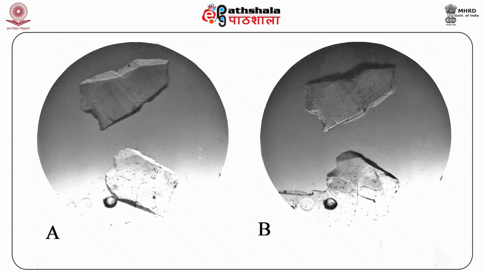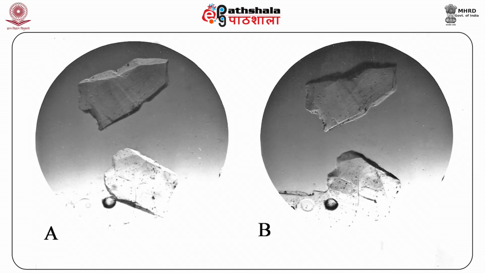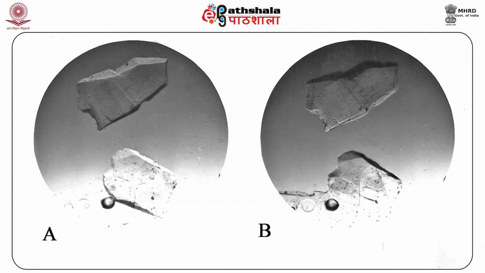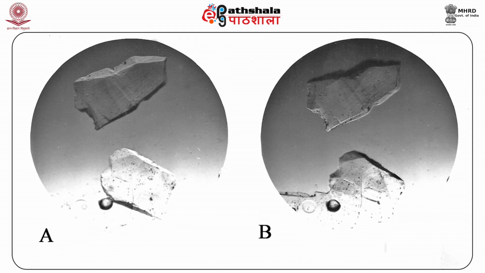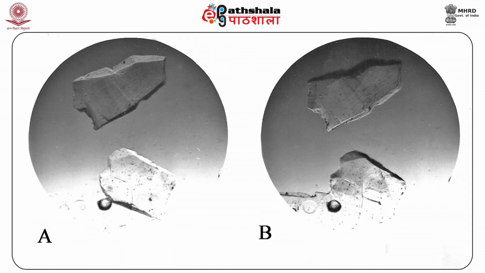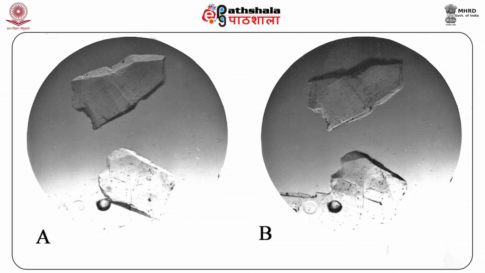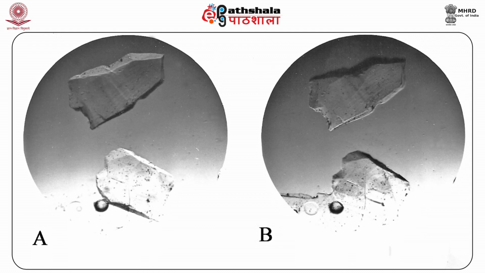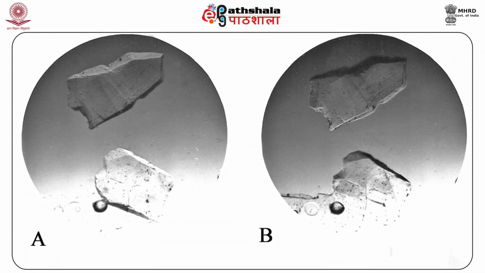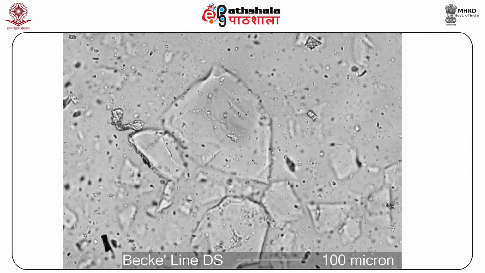Here, the index of refraction is compared to that of an immersion liquid using a microscope. The sample is placed in the immersion liquid of known refractive index. The sample must be illuminated by a beam of rays converging at an extremely acute angle. This can be achieved either by reducing the aperture of the condenser on the microscope or by raising the condenser.